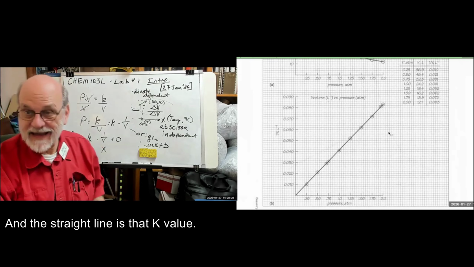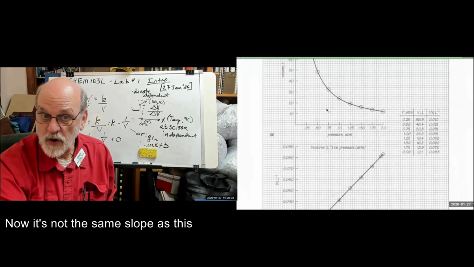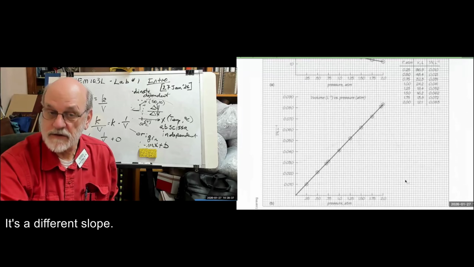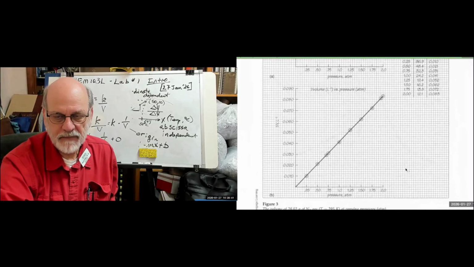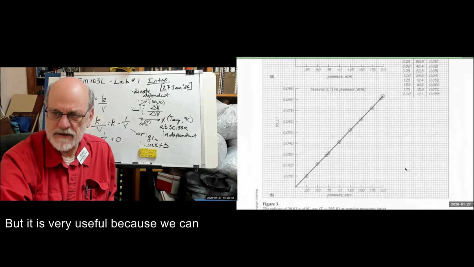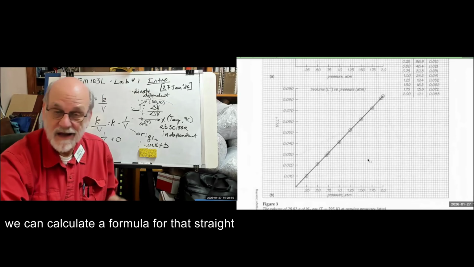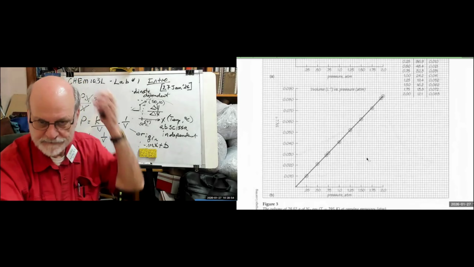And the straight line is that K value. Now, it's not the same slope as this one would be for any one of the tangents. It's a different slope. We're using different units of measure, so it's a different slope. But it is very useful because we can plot a straight line much more effectively, and we can calculate a formula for that straight line also.